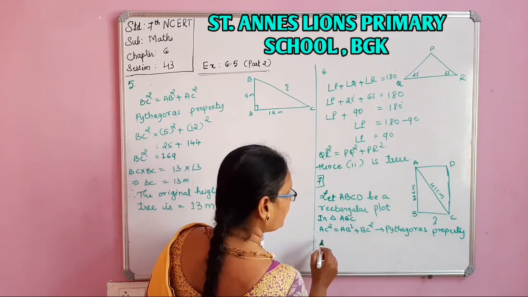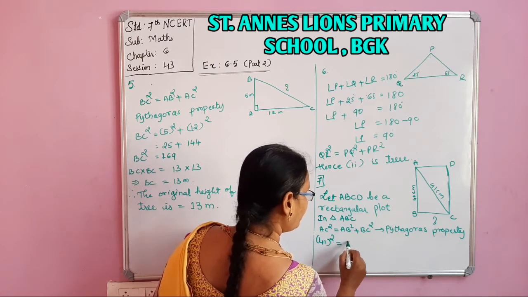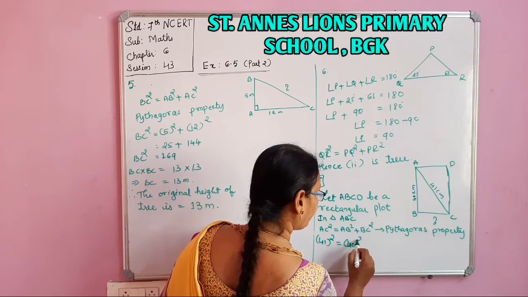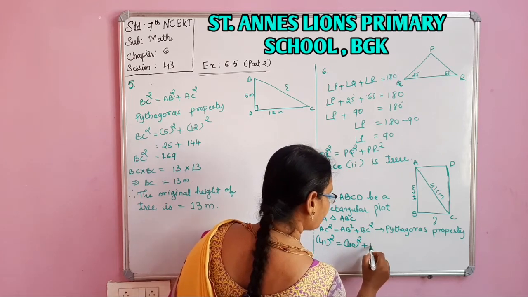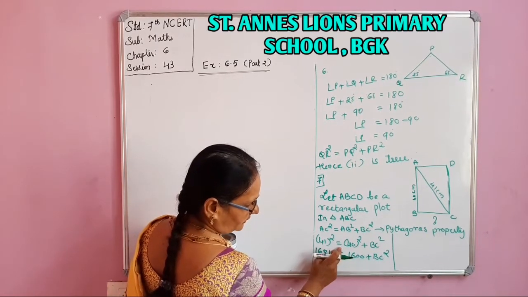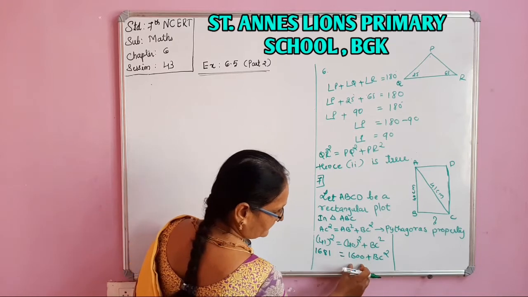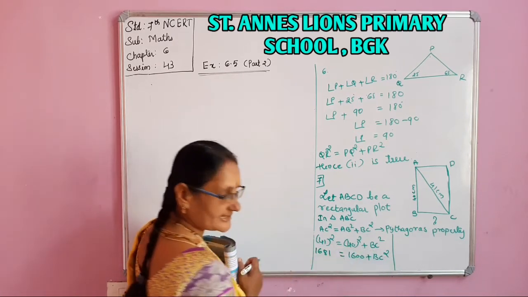Okay. Now AC is how much? 41 square equals AB, which is 40 square, plus BC square. 41 square is 1681, 40 square is 1600, BC square as it is.